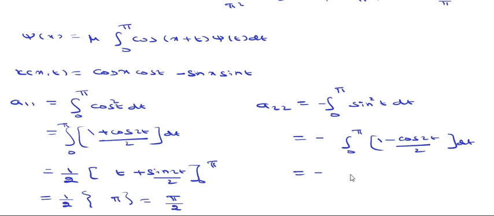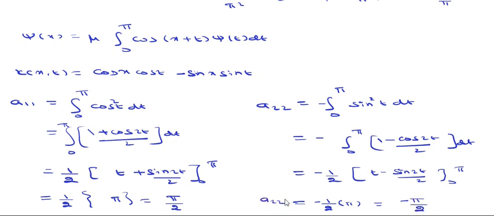So this is equal to minus 1 by 2 into t minus sin 2t by 2, again 0 to pi. So this is equal to minus 1 by 2 into pi. So this is minus pi by 2, a22.